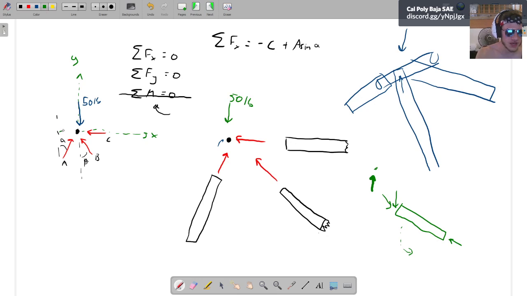If we're going for sine, that's the opposite over the hypotenuse, so that'll give us the leg of this force that acts in the x direction. And then minus B sine beta, because B is acting in the negative x direction a little bit, and to get that component of the force, we treat it in that direction. So now we have one equation with 1, 2, 3 unknowns. I'm assuming beta and alpha are given.